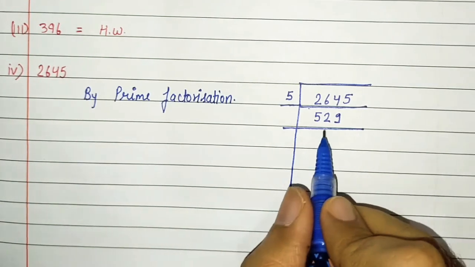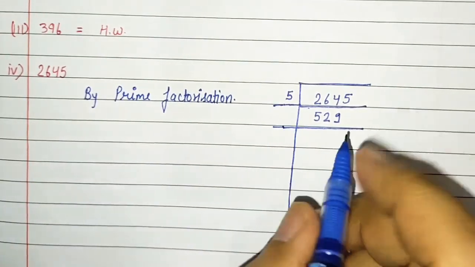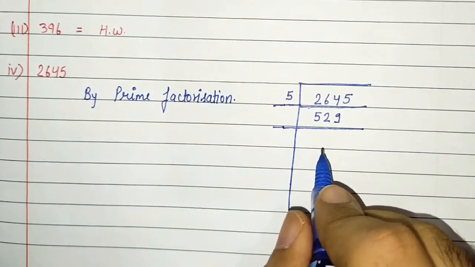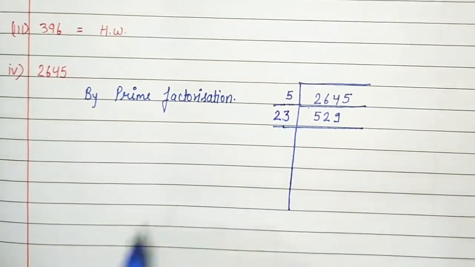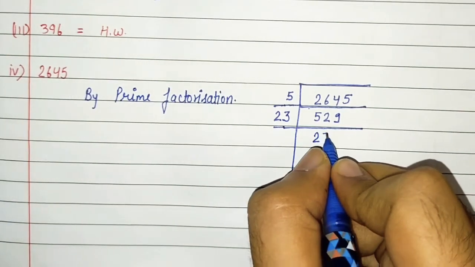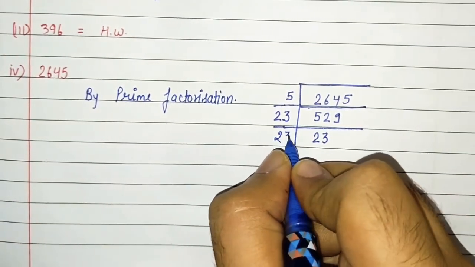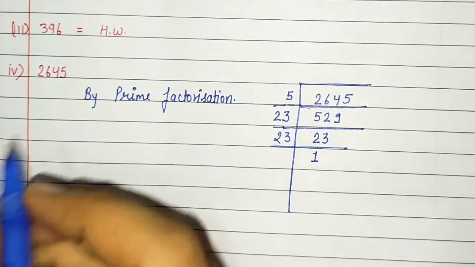Okay, and I have told you that it is not divisible with 5, 7, 11, 13. So directly you will divide with 23. Okay, so it will go 23 times. This is your prime factorization.